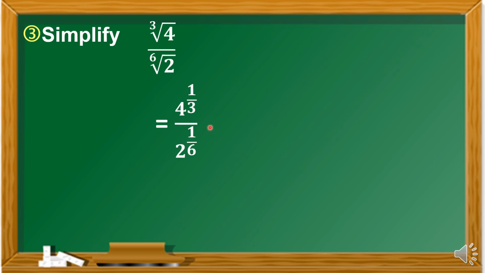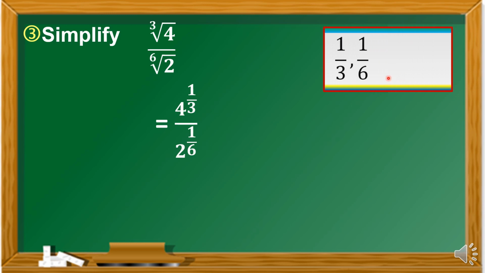So, next po is we're going to find the LCD of 1/3 and then 1/6 para magkaroon tayo ng same index or indices. So, find the LCD of 3 and 6. Of course, ang LCD niyan, that is 6.